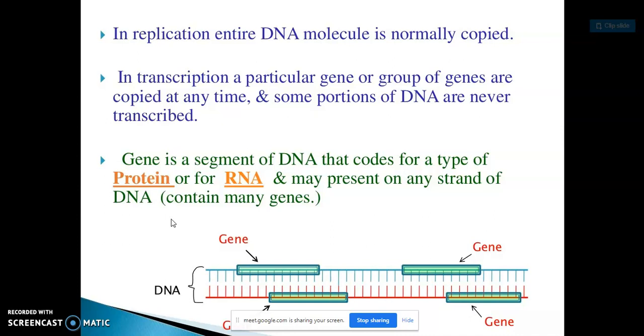Transcription is the process of synthesis of mRNA using DNA as a template. So in this case, not all the genes, or otherwise we say not all the base pairs, are going to be transcribed. DNA acts as a template. So RNA is going to be synthesized using DNA as a template.